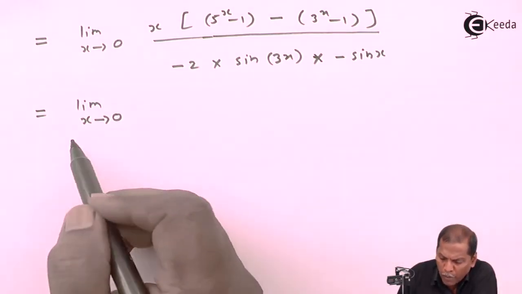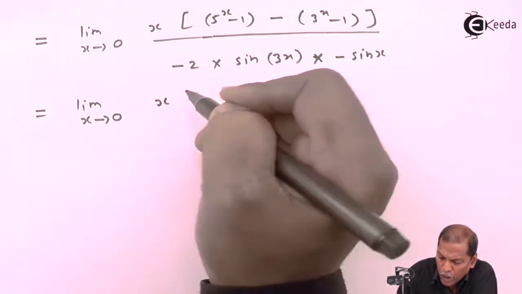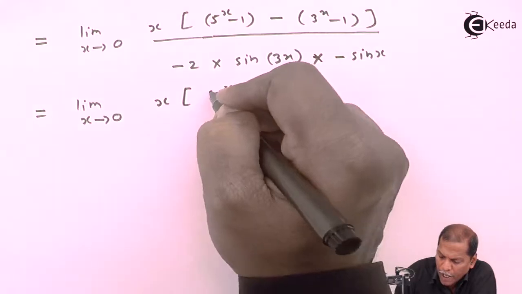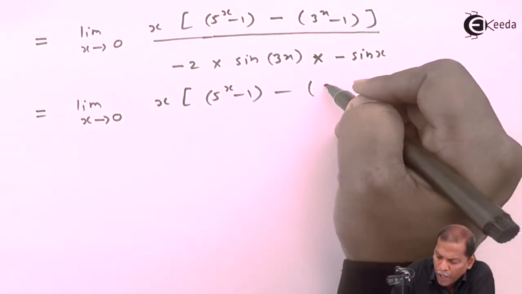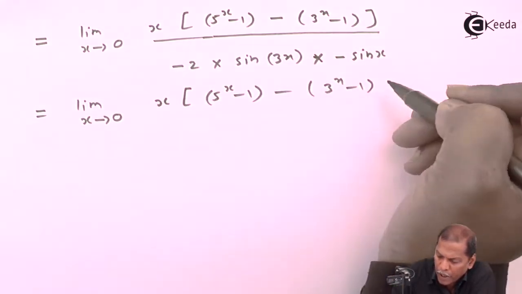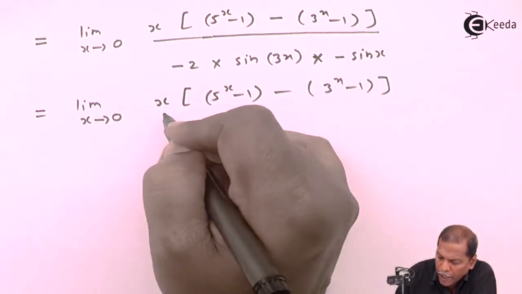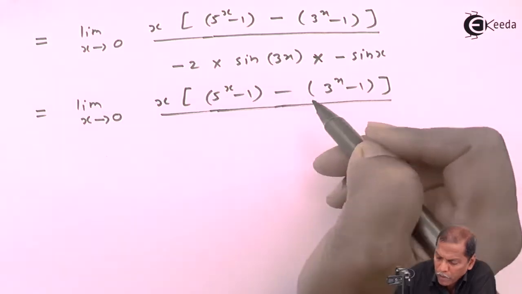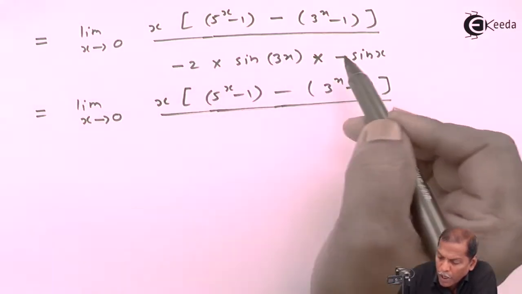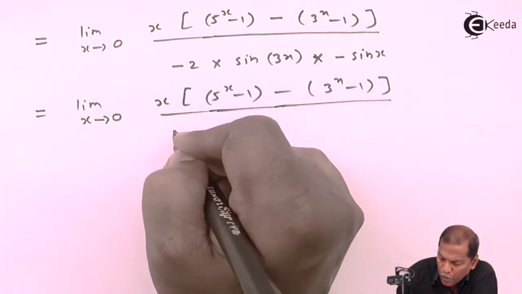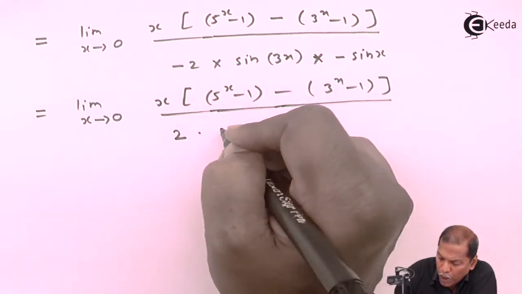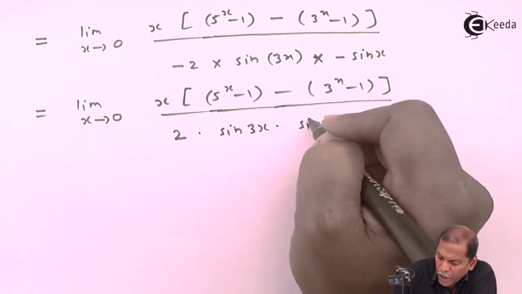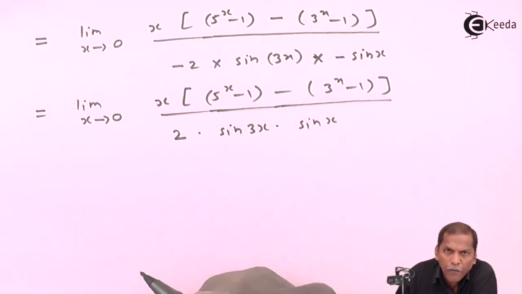So is equal to limit x tends to 0, x in bracket 5 raised x minus 1 minus in next bracket 3 raised x minus 1, bracket complete, whole thing divided by minus minus plus, so 2 into sine of 3x into sine of x.